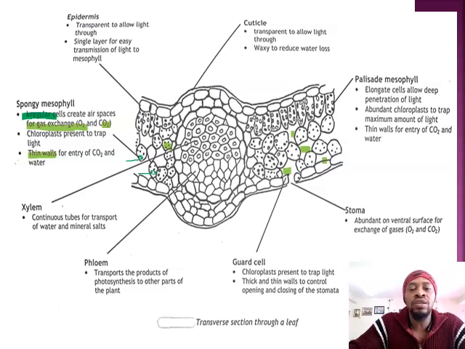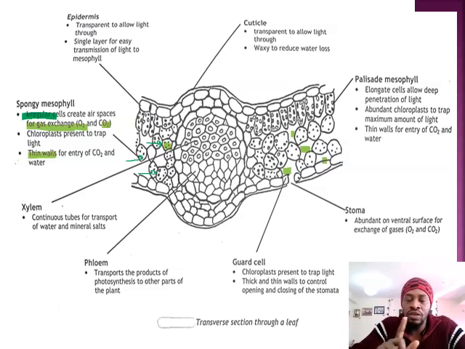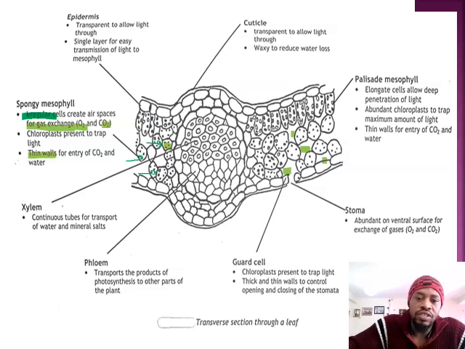We don't care too much about oxygen, though oxygen also will find its way easily out because of the thin walls. If these walls of the spongy mesophyll were thick, then carbon dioxide and water would not easily go in. So because they are thin, there's ease for carbon dioxide and water to go in. Now, that was with the spongy mesophyll.